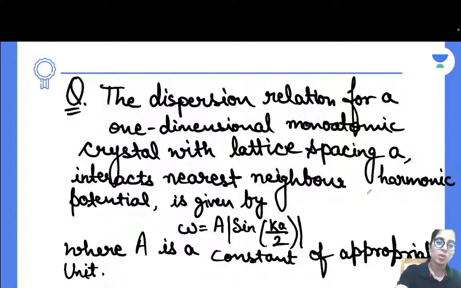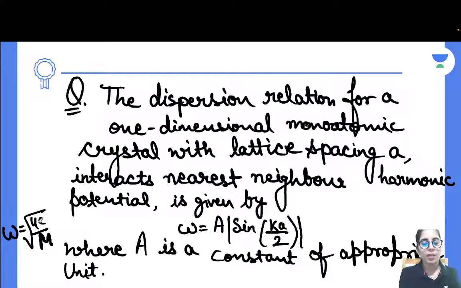The standard omega expression for 1D monoatomic lattice vibration is 4c over m, with c as a constant, and then sine ka over 2.